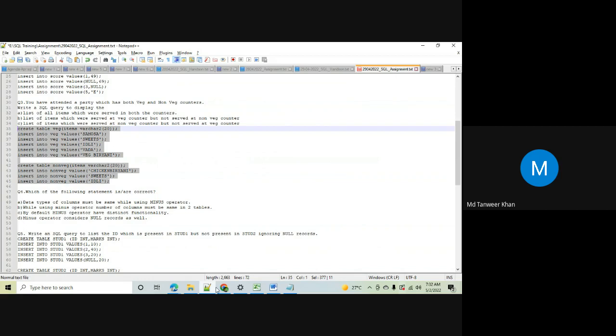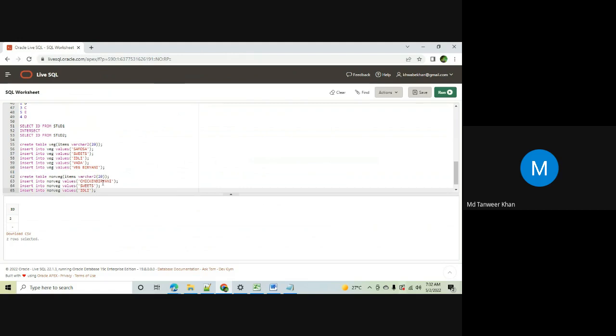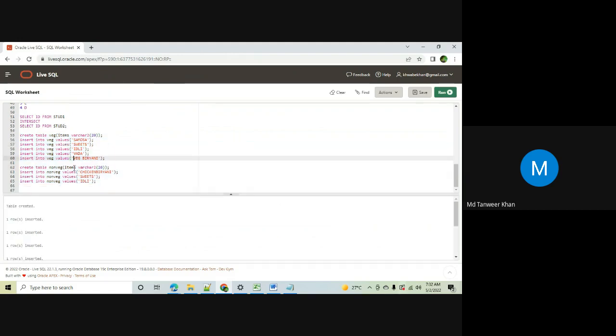Suppose in this set of data, let me execute this. If I ask you to tell me the food item which is present in both veg and non-veg content, which one is that?